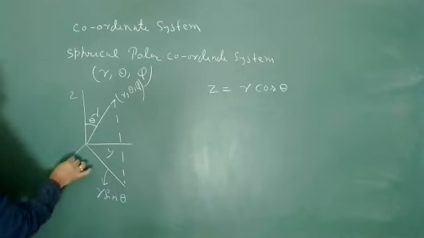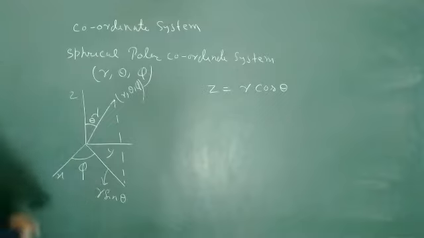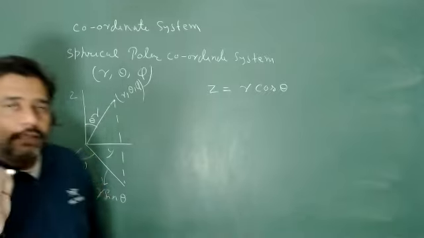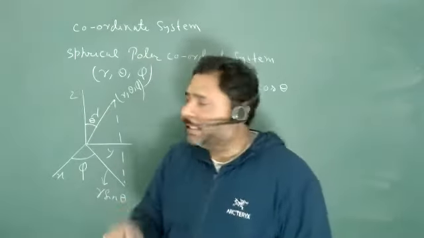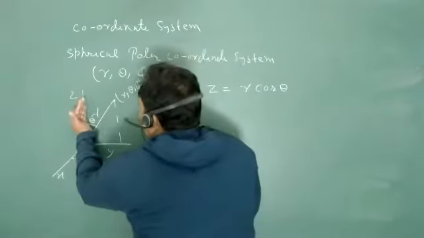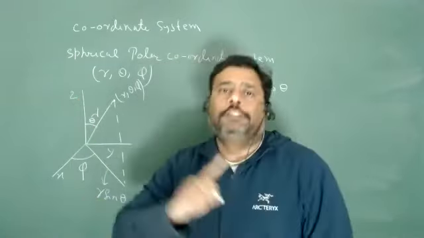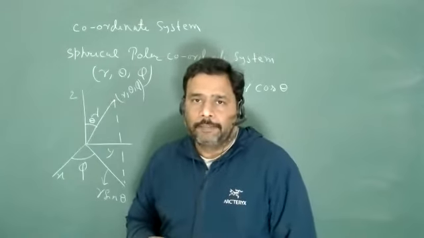This r sin theta will make angle phi with the x-axis. This is the same angle which moves about the z-axis. Theta is moving away from the z-axis, and phi is moving about the z-axis. You have to always keep this in mind.